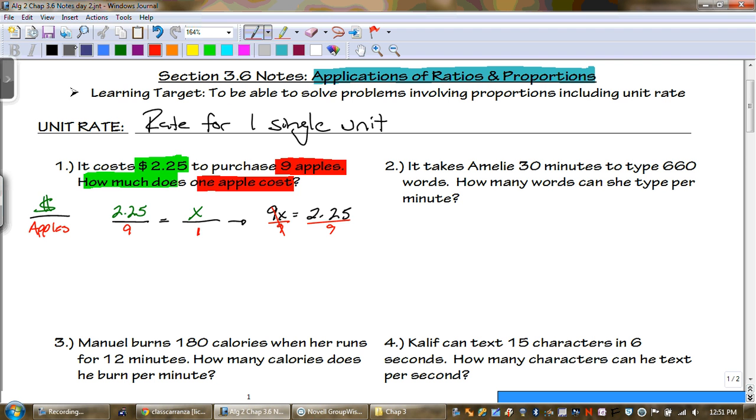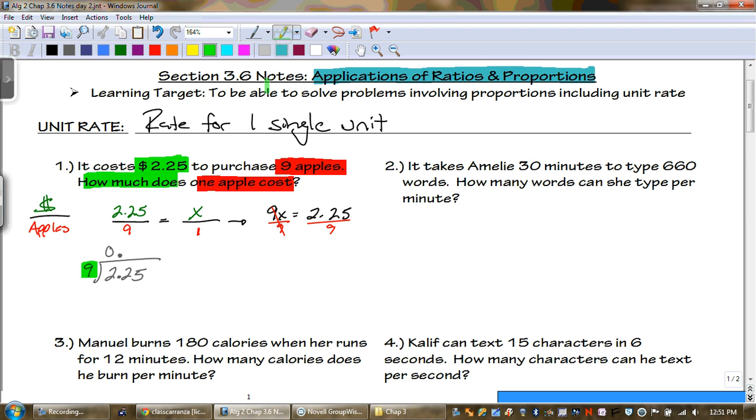And this is where people are like, I don't like this. Okay, you have to take 2.25 and long division divided by 9. Okay, so first thing I like to do is put the decimal all the way up. Now ask yourself, how many times does 9 go into 2? Well, it goes in 0 times.